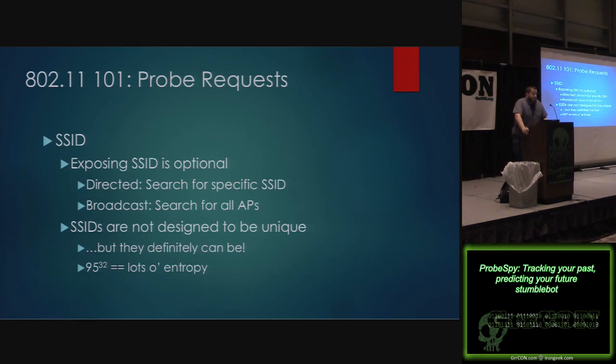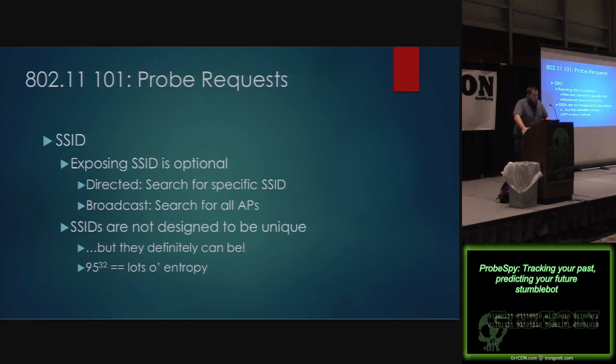Lots of devices that are attempting to avoid this kind of information disclosure will only send broadcast probe requests, except in cases where the access points are hidden, because the Wi-Fi client device needs to get the access point to identify itself so that it can do the association process. So not all devices are going to be sending out directed probe requests for all the networks that they've connected to. In fact, most modern devices won't do it at all.